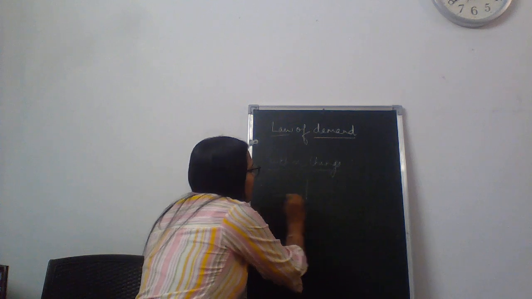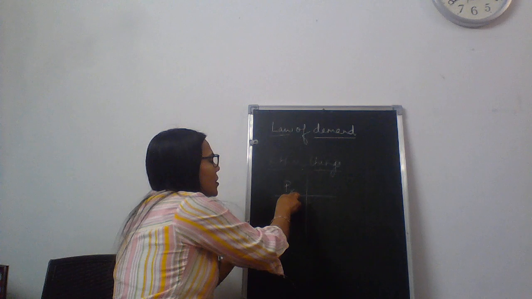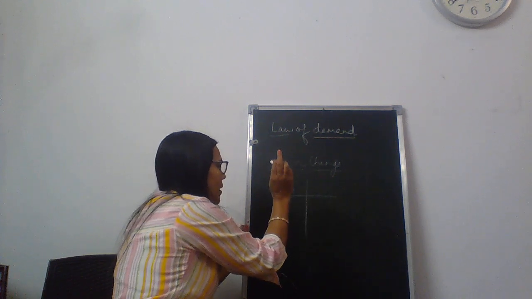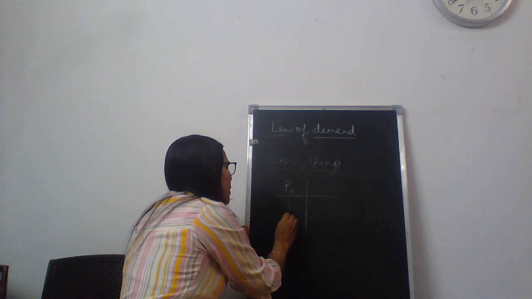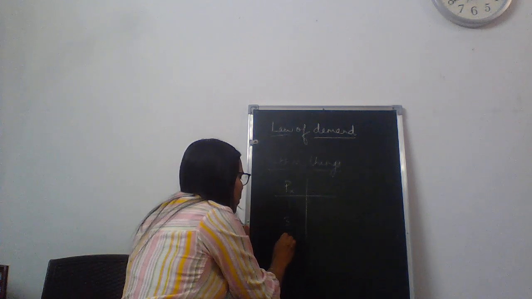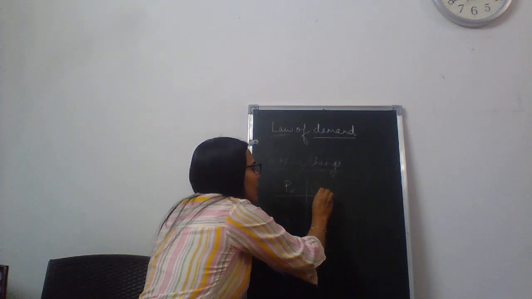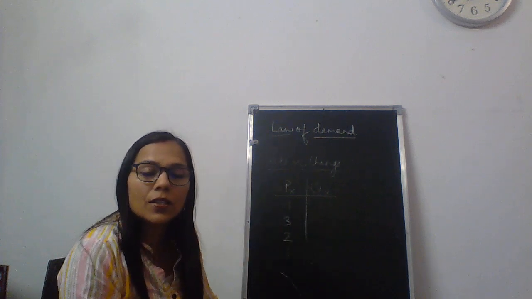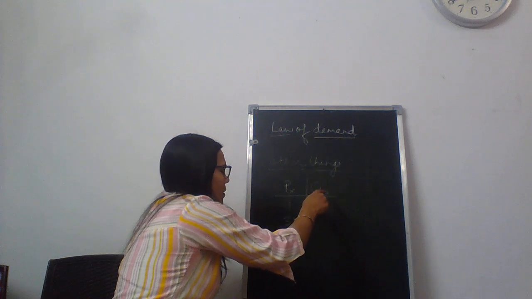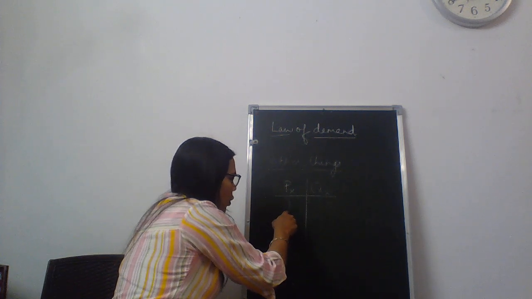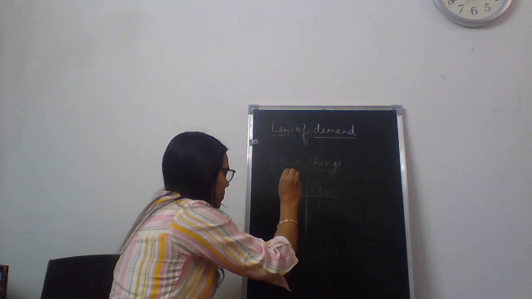Suppose the price of a commodity Px, X is the commodity and P is the price. Price goes like this: 4, 3, 2, 1. Now Qx is the quantity demanded for that product X. So when the price was 4, the quantity demanded was 1.